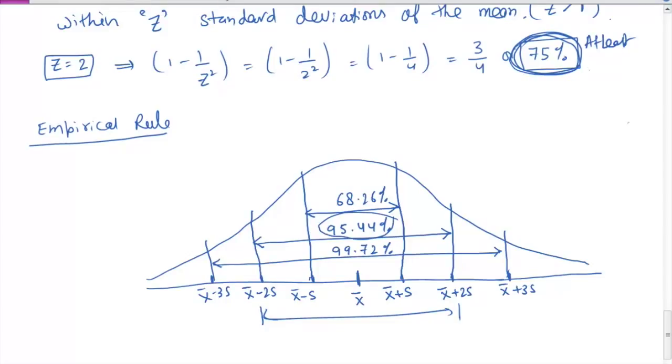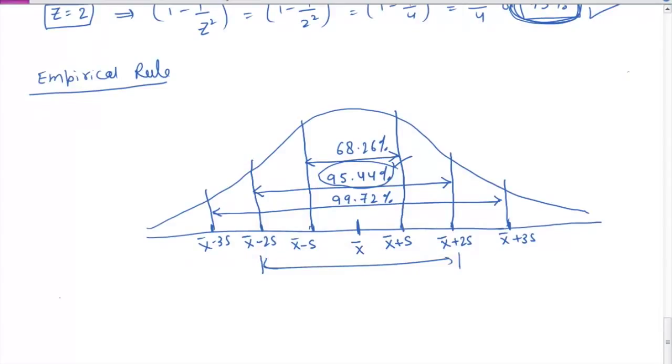So Chebyshev's theorem gives you the lower bound and the empirical rule gives you the upper bound, for that range, like how much of the data is covered. So it cannot be more than 95.44% and it cannot be less than 75% in this case.